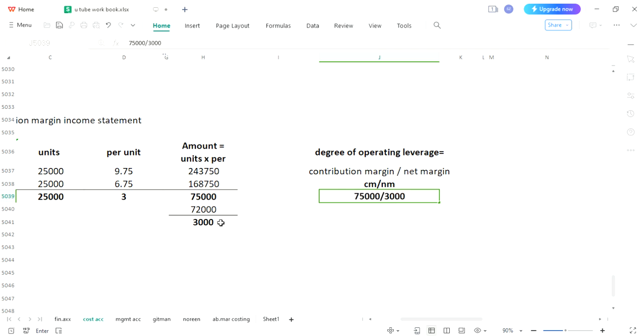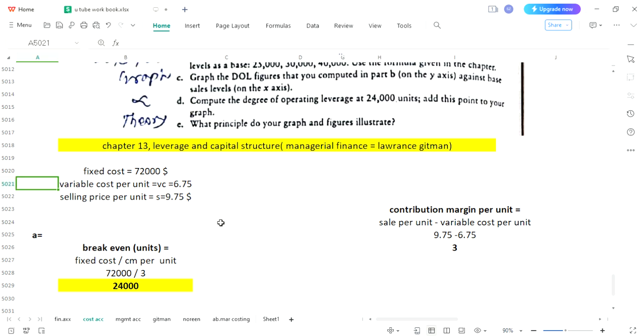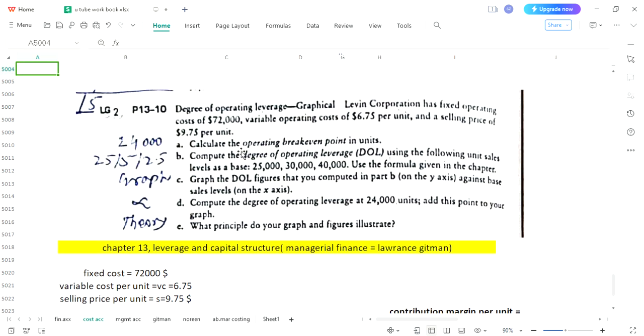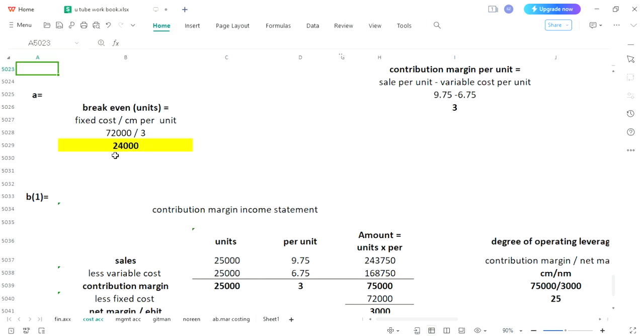In this way, the statement has been completed for degree of operating leverage. Now you can put it on your calculator and what you get is 25 as your degree of operating leverage. Come over here. This was your B point and the first answer is 25. And what you have calculated is also degree of operating leverage 25.